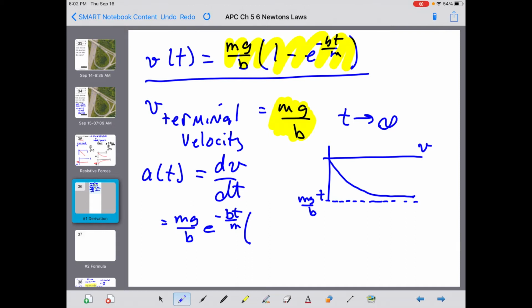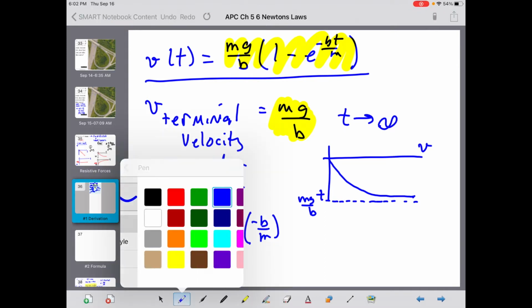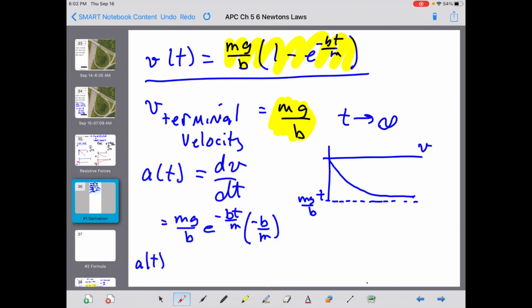The derivative of negative bt over m is negative b over m. So then a of t, if we look at our variables here, b divides out, m divides out, and we get a is equal to negative g, downward, times e to the negative bt over m, which should make sense. It is a multiple of g.